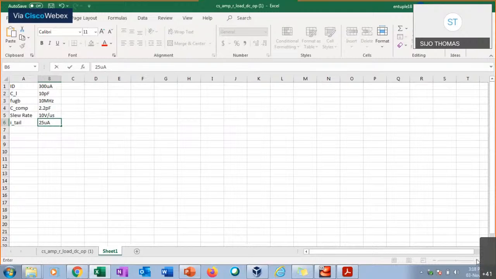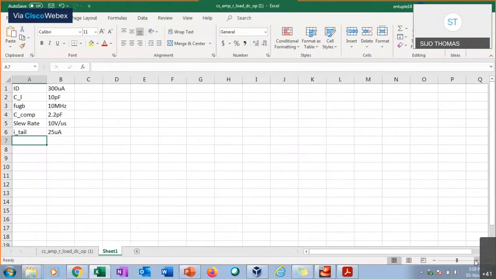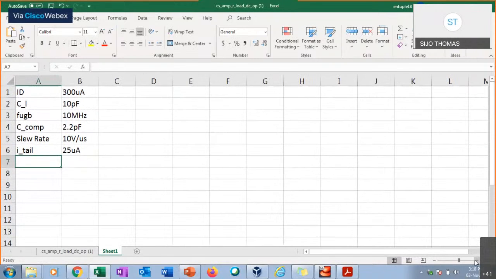Now we have the unity gain bandwidth as 10 megahertz. The unity gain bandwidth equation turns out to be GM1 divided by CC, so we can find GM1. GM1 is equal to the unity gain bandwidth times the compensation capacitance value.